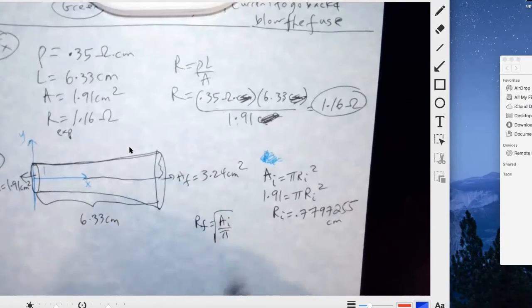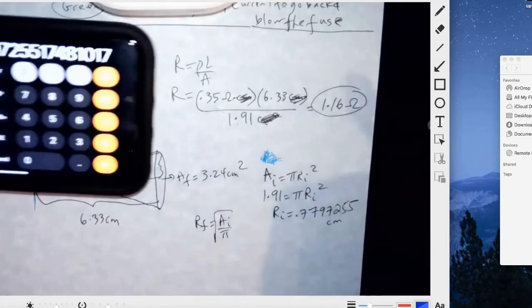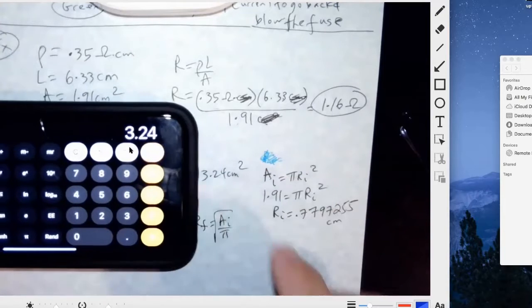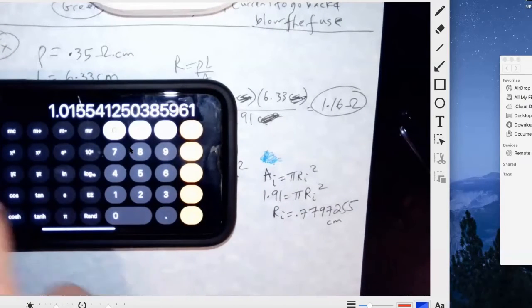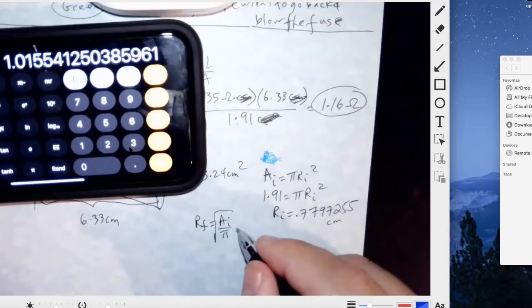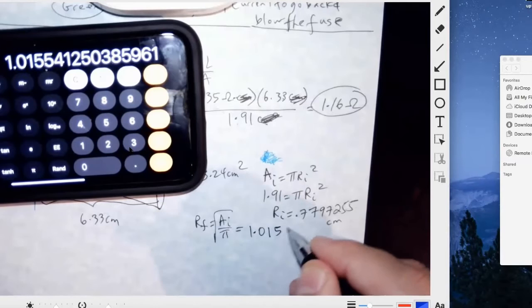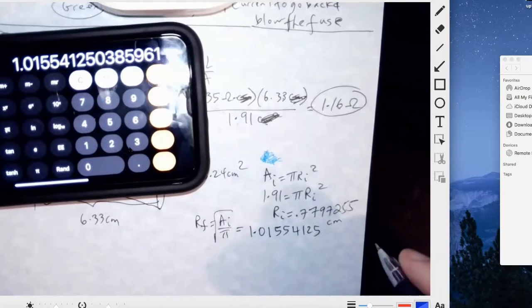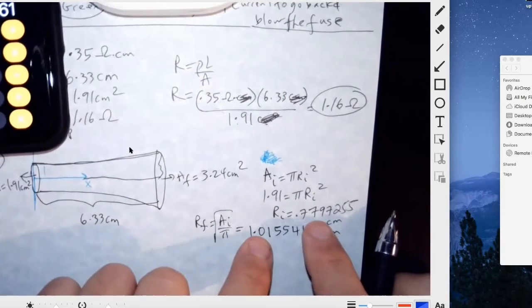So I'll put here 3.24 divided by pi, square root: 1.015544125. Yeah, so I see the radius is getting larger.